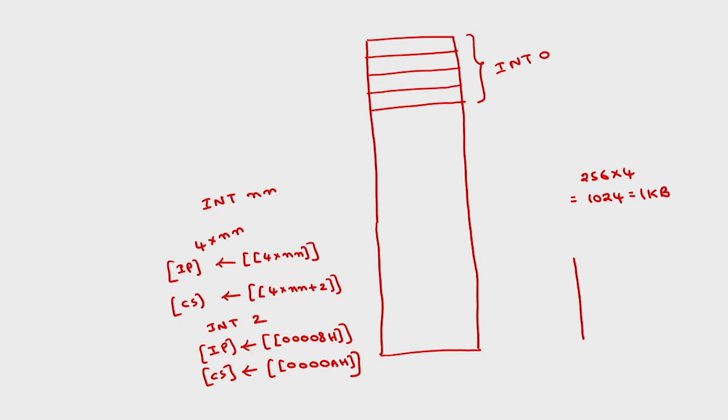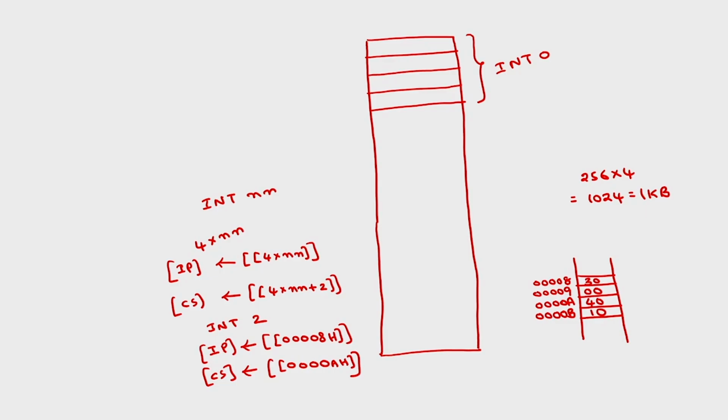So if you have 00008H in the memory, if you have something like 3000, some 4010, then what will be the contents of the instruction pointer?